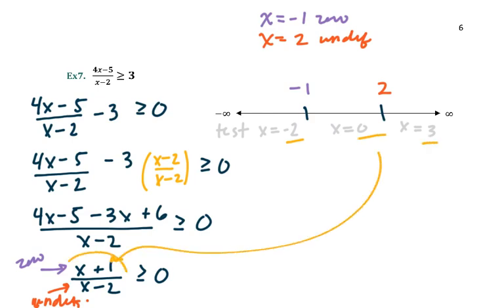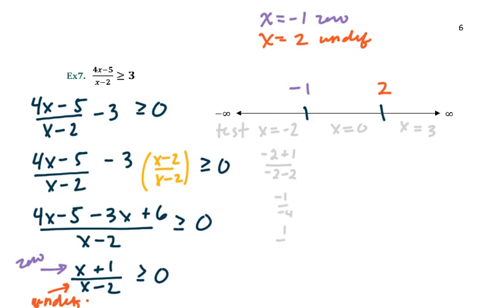They're all going to go into this equation we have down here at the bottom of the page. So we took what we were dealing with and rearranged it so that it was in relation to 0. And now I'll test each of those numbers. Testing them, -2 plus 1 over -2 minus 2 gives me -1 over -4, or +1/4, which is greater than or equal to 0.